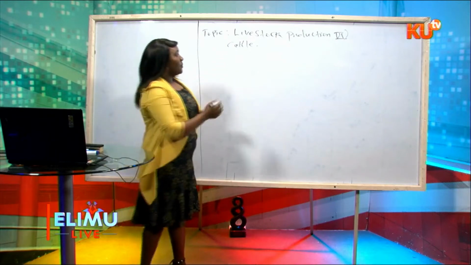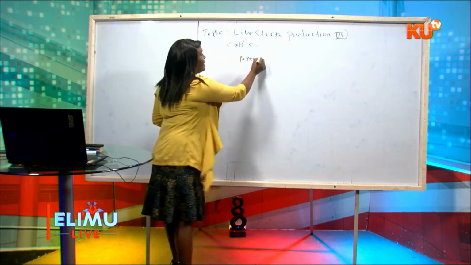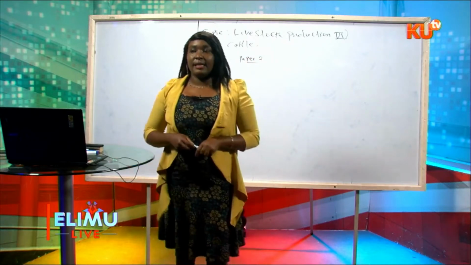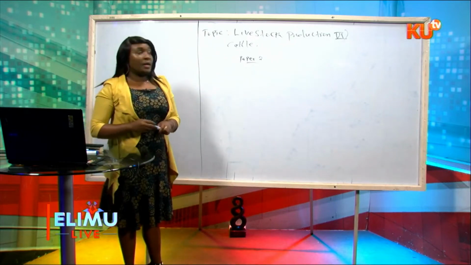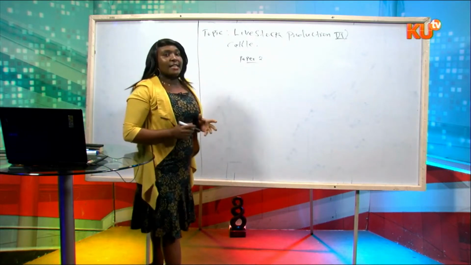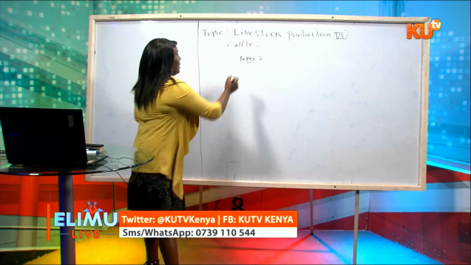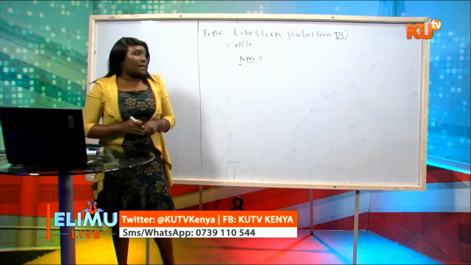It is found in paper 2 in the KCSE, and paper 2 basically deals with livestock production. So this is where you are likely to find questions on this particular topic.